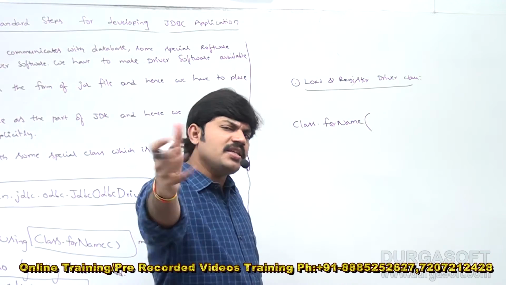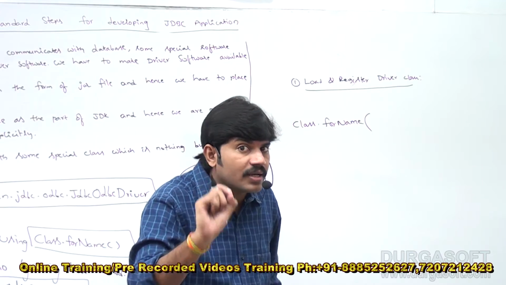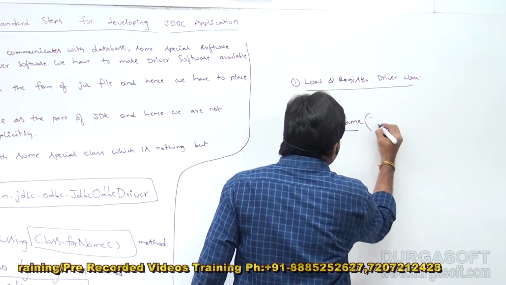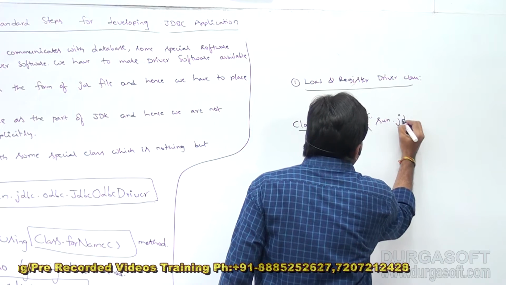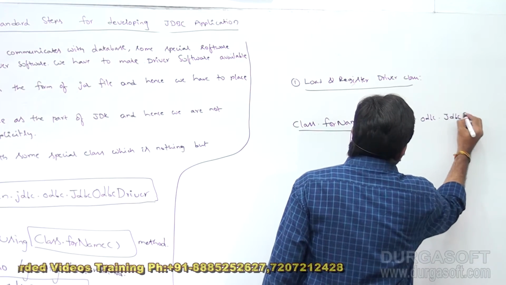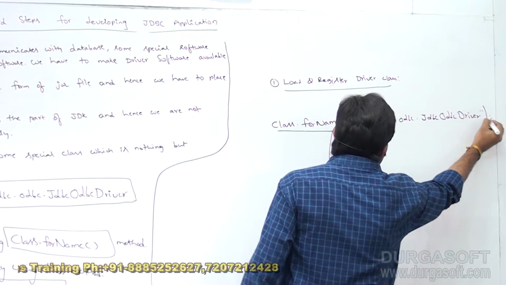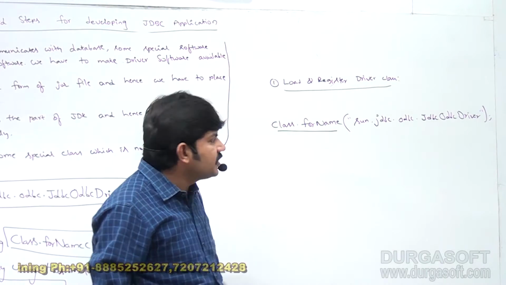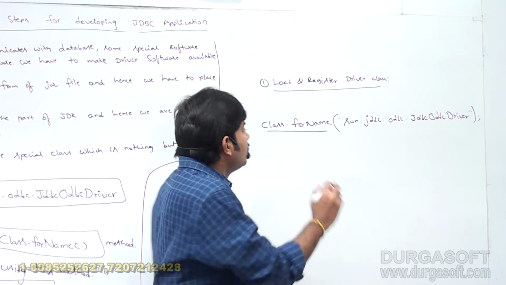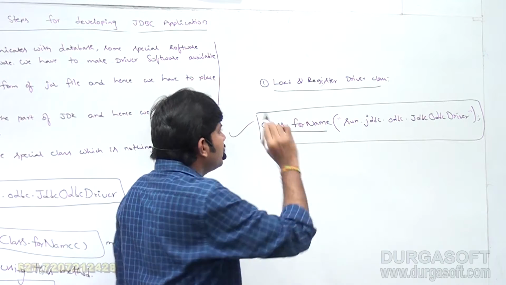You can load any Java class, even a driver class, by using Class.forName. Class.forName("sun.jdbc.odbc.JdbcOdbcDriver"). Remember this one. Are you getting? sun.jdbc.odbc.JdbcOdbcDriver. This line is responsible for loading the driver class.